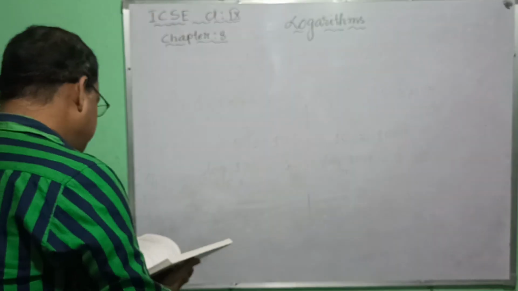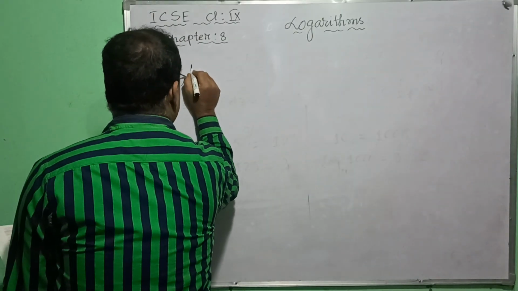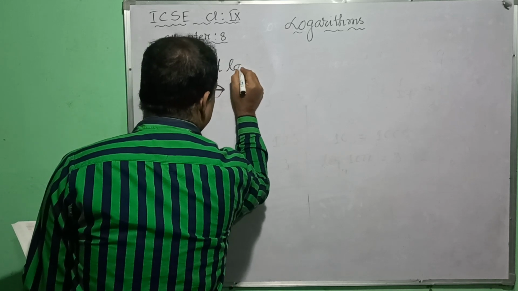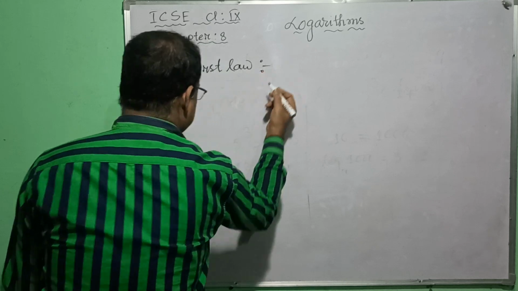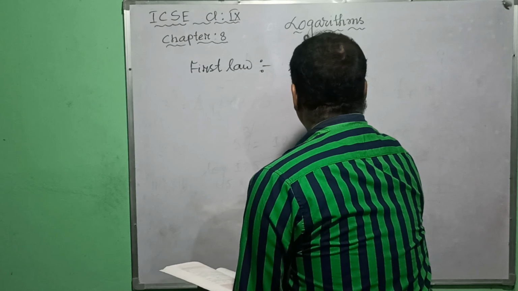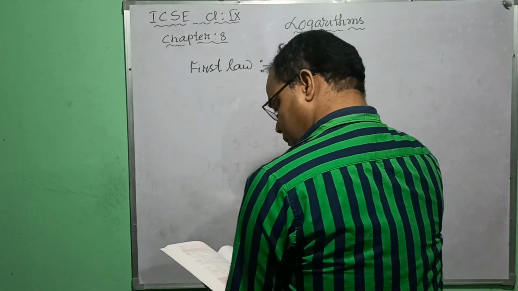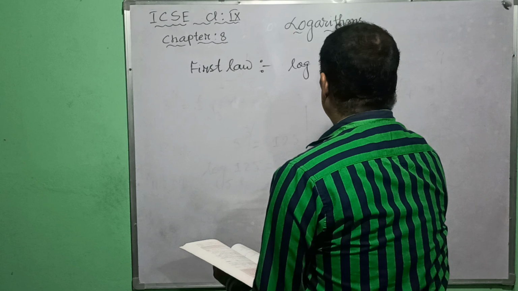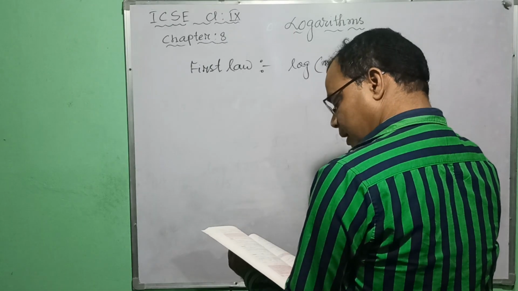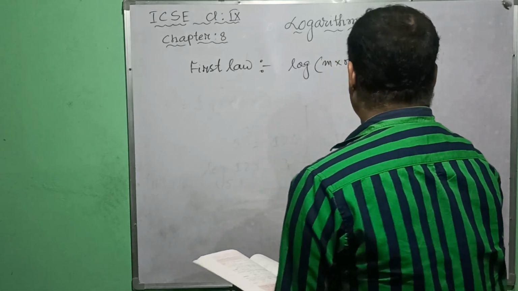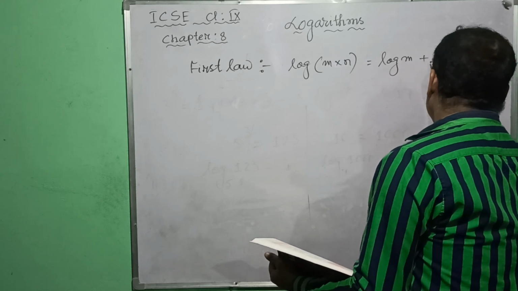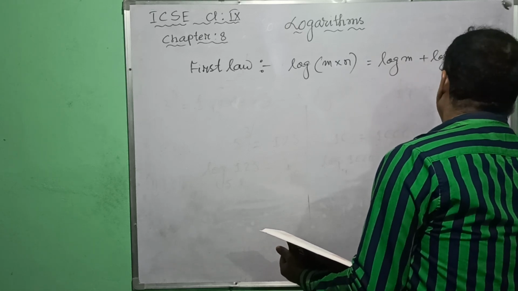The first law, we'll write it in this way. According to the first law, as it is given, log m into n equal logarithm of m plus logarithm of n.